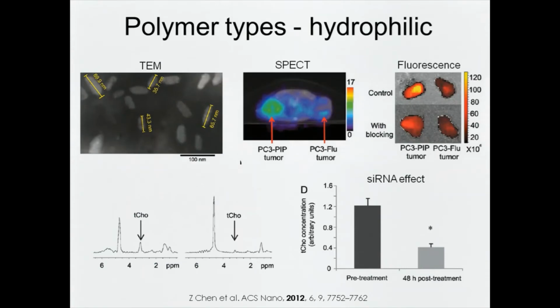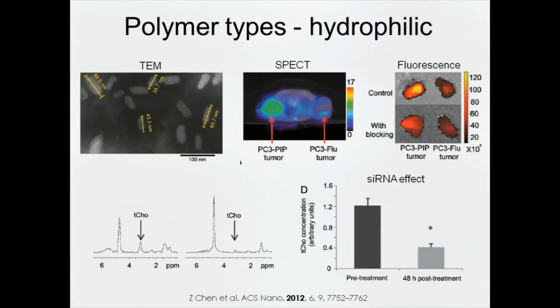And so it shows in this paper, here is some characterization via electron microscopy, where you see the particles range from around 30 to 70 nanometers. What you see here is SPECT imaging, where a mouse bears 2 different types of tumor, and one tumor bears the targeting ligand, the other tumor does not, and so you can see there's greater accumulation of the agent in the tumor that has the targeting ligand here.